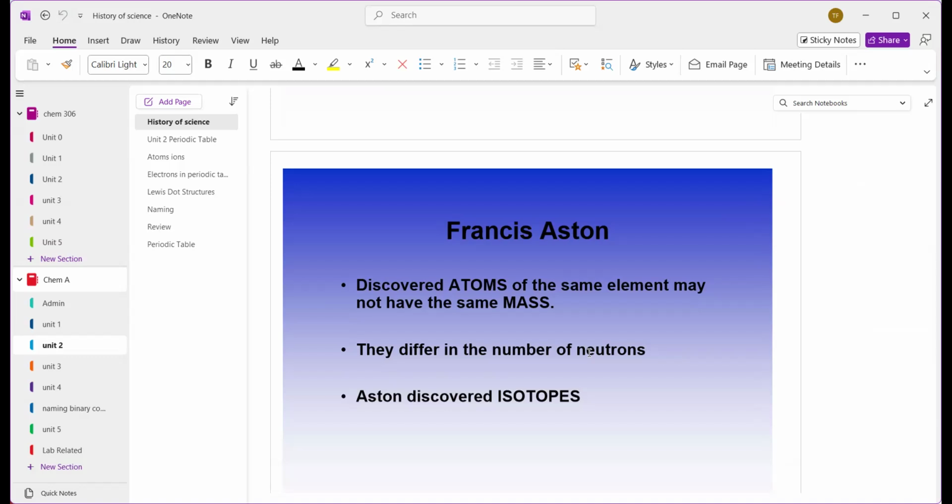Okay, Aston said, if we look at certain elements, they kind of chemically act the same, but their mass is different. I'm going to start calling those isotopes. Now, an isotope differs in the number of neutrons. Protons are equal.